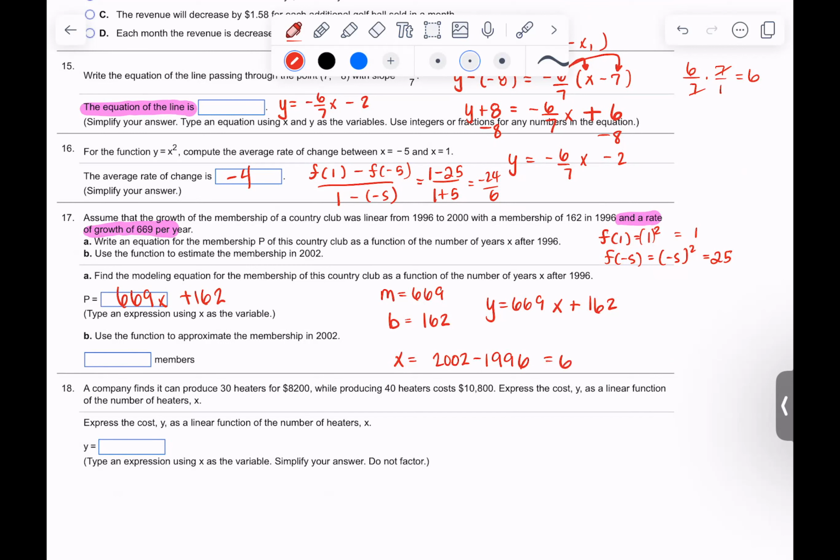And so we're going to evaluate this function at 669 times 6 plus 162. So the membership is going to be 4,176. All right, last problem, problem 18.